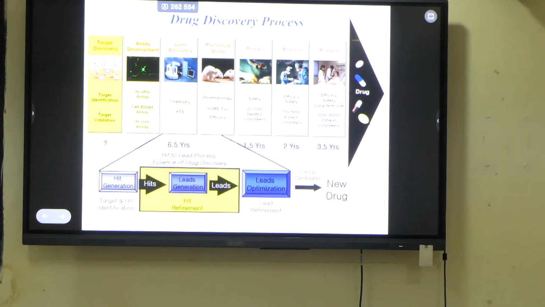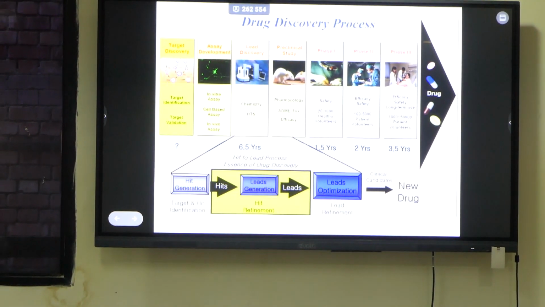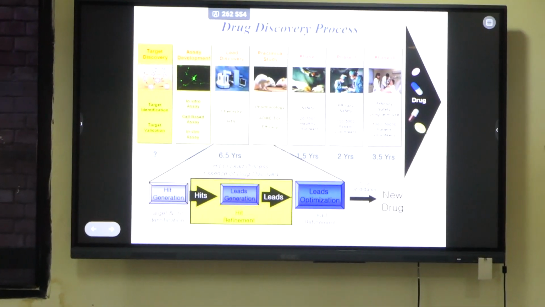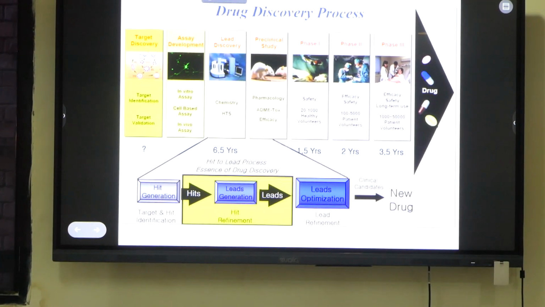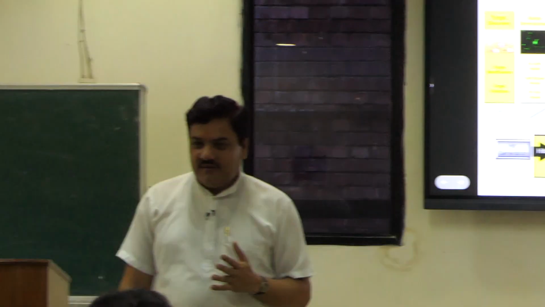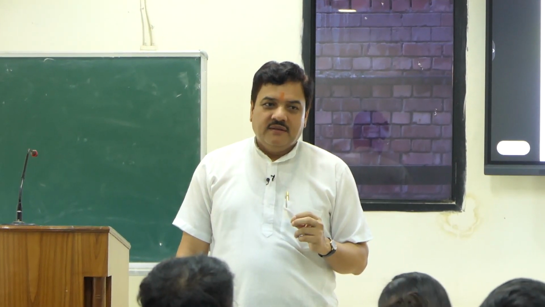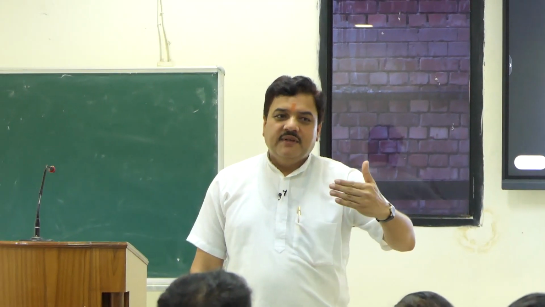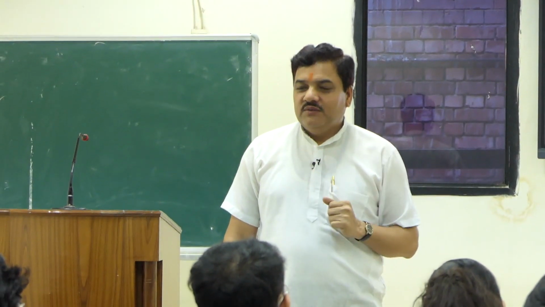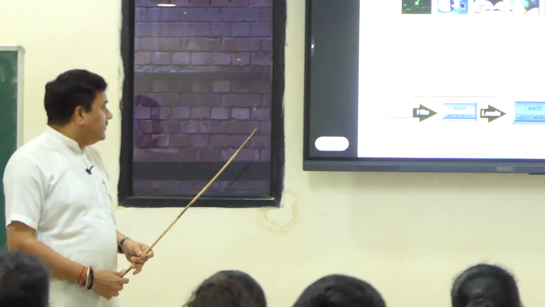This is a very common slide, which you have seen several times in your studentship: the drug discovery process, or discovery of a new chemical entity or drug molecule, is not a one-day job, not a one-month job, not a one-year job. It is 10 to 15 years, even if you are getting success at each and every step, and it involves a lot of finance.